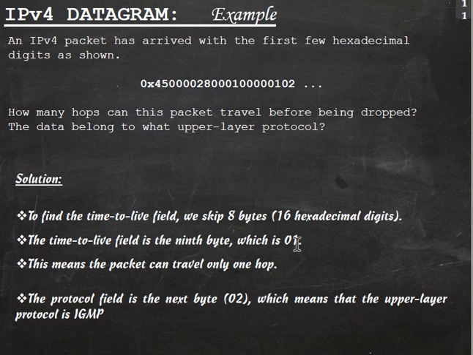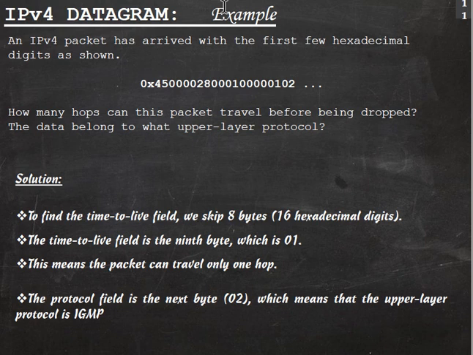So that is equal to 01. This means this packet can travel only one hop, or one router. After one router, the packet has to reach the destination. If not, the packet will be dropped, or if it travels to any other router, then that particular datagram will be discarded by that router.